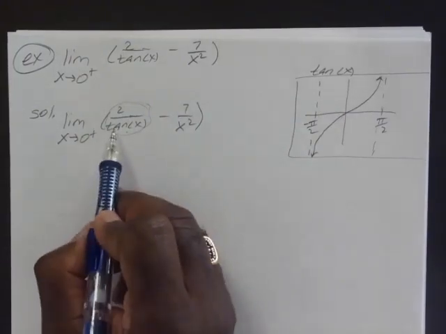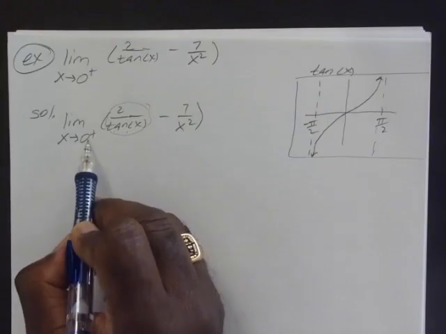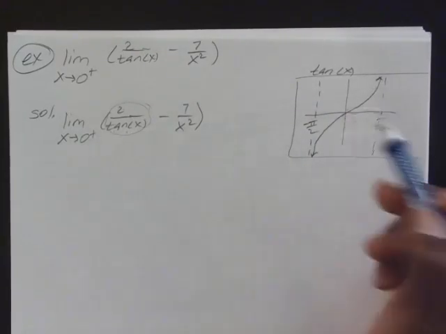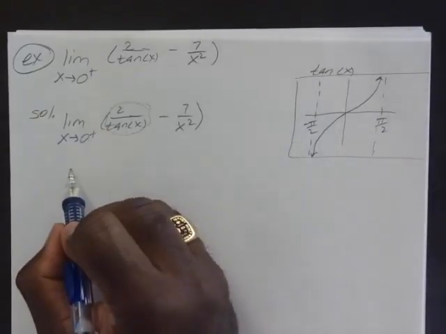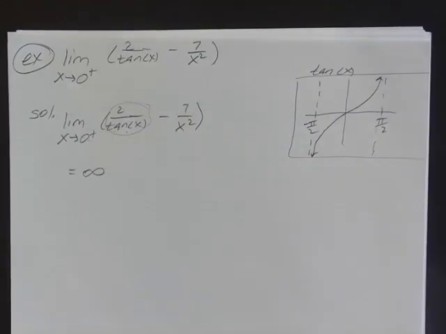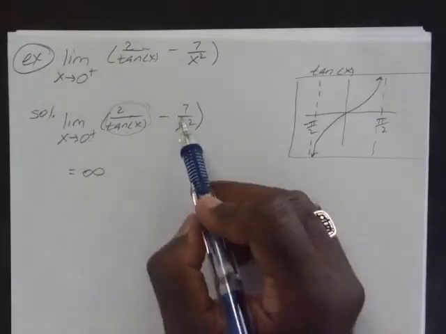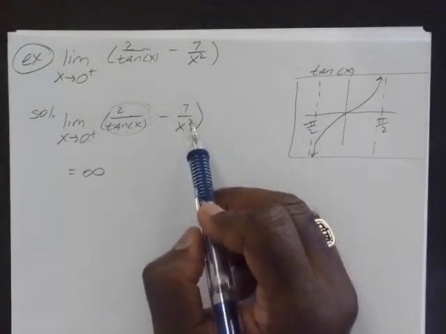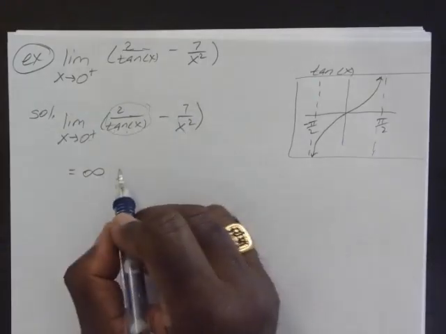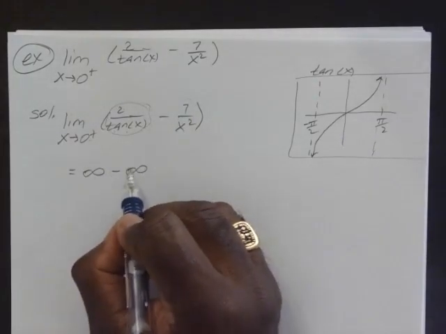So we know the limit of 2 divided by tangent of x as x is getting smaller and smaller, from the right, is just going to be infinity. Minus the limit of a constant divided by a number getting smaller and smaller. It's just going to be infinity.